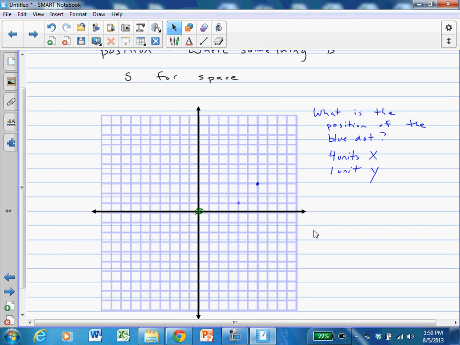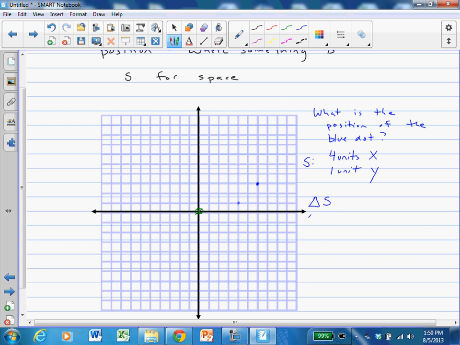Now in that case, we know what S is here. S is 4 units in the x, 1 unit in the y. But what we're interested in is delta S. What is its change in position?